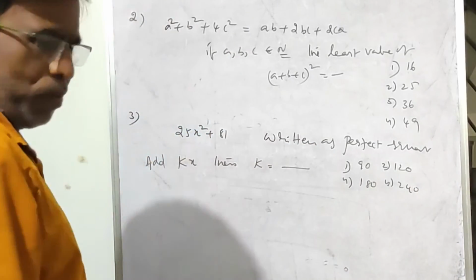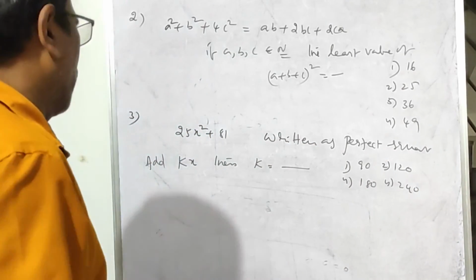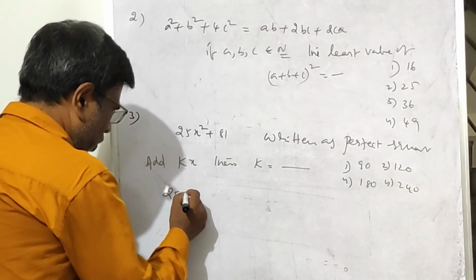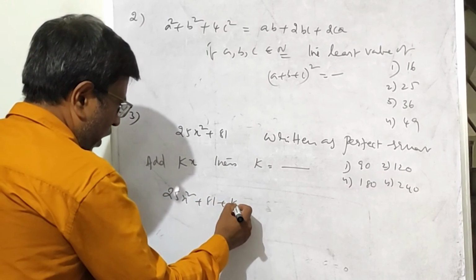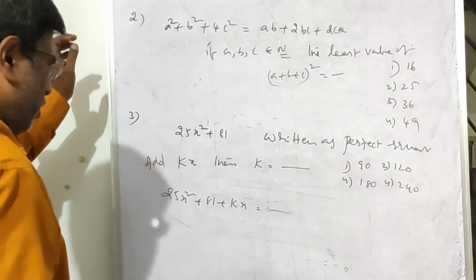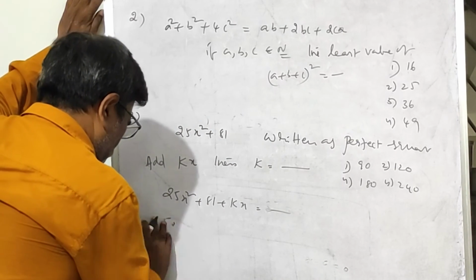This is the question asked. 25x square plus 81 plus kx is a perfect square. So this is (5x) whole square.